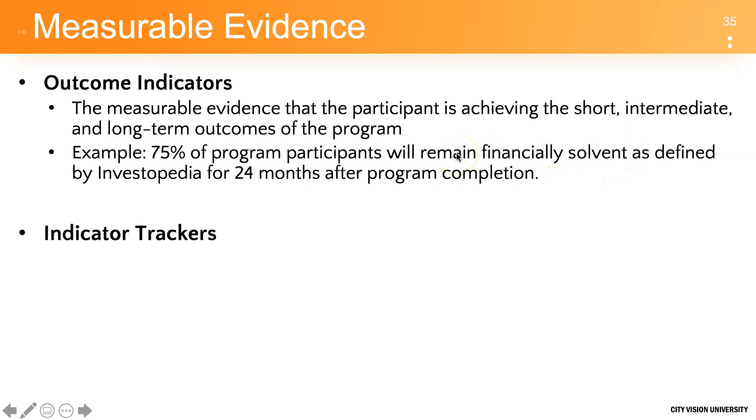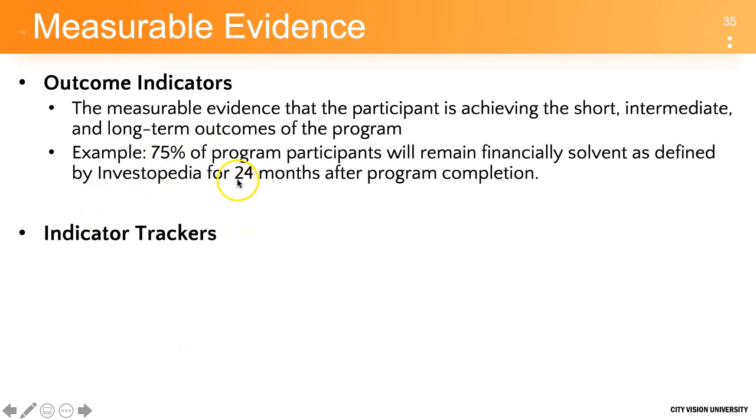Well, what does financially solvent mean? It could mean one thing to me and another to you. So we say as defined by Investopedia. That's a universal standard that we're going to adopt that says, here's what we mean by financially solvent. This is going to be the standard or the benchmark that we're going to compare ourselves against. And what's the time period?